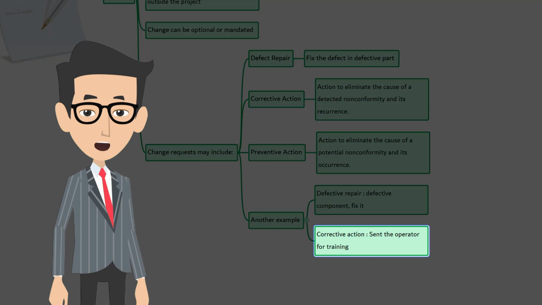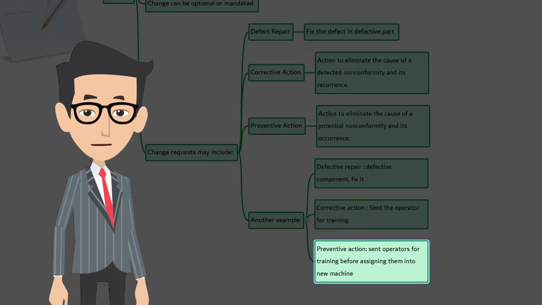Let's reflect on what we did so far. For the defective part in the assembly line, you fixed it, it's defect repair. You went back to the root cause. You found that the operator lacks training. So you sent him for training. So the root cause is addressed. It's corrective action. You haven't stopped there.